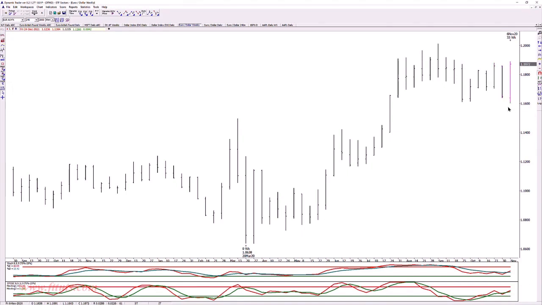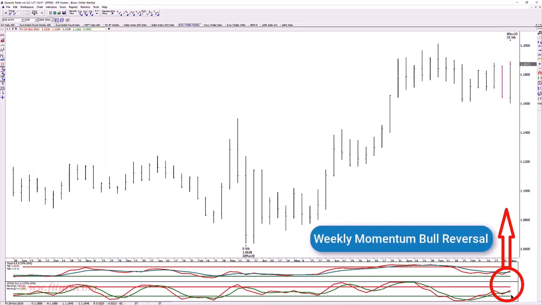Look at that huge outside bull reversal day or bull continuation day. Looks like a new closing high, new high, and both of the momentum indicators reversed to bullish. So as of that point in time, that's the week ending June 6th, we'd only want to consider long trades as long as the weekly momentums remained bullish.